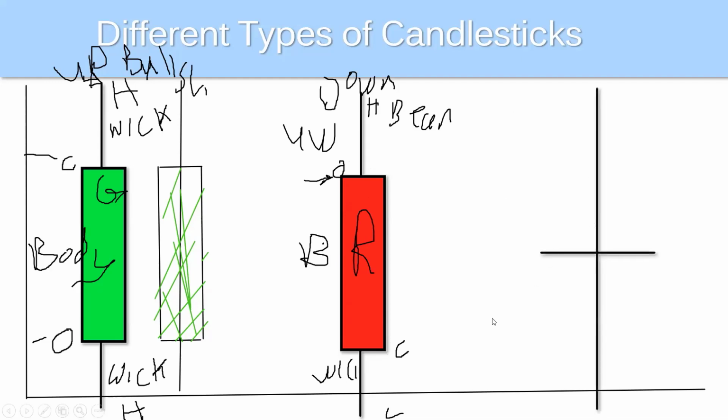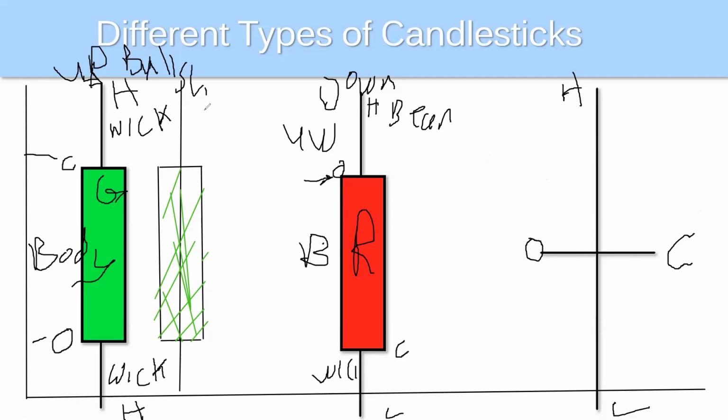And then finally, we have the doji. The doji is basically where there is no body. So it's where the open price occurs at a time, and then the market activity goes up to a high, goes down to a low, and then closes where the open took place.